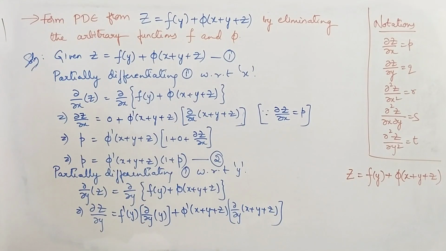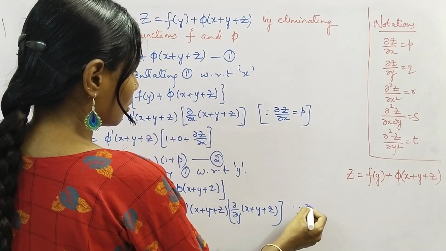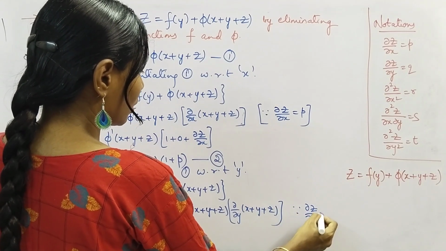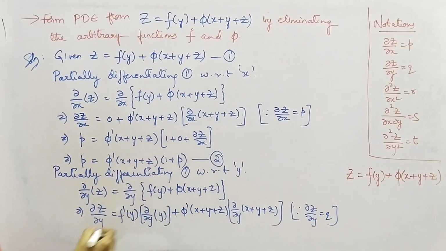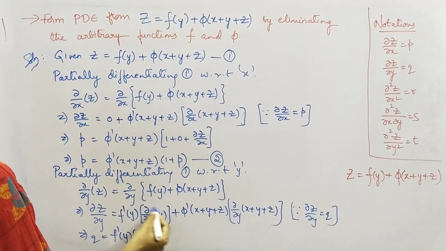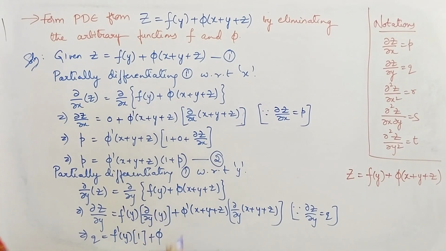This gives us, since we have a notation dou z by dou y equal to q, let's replace dou z by dou y using the notation q. You'll get q equal to f dash of y into partial derivative of y with respect to y is 1 plus phi dash. It's not necessary to write, okay, just for the clarification I'm writing this.